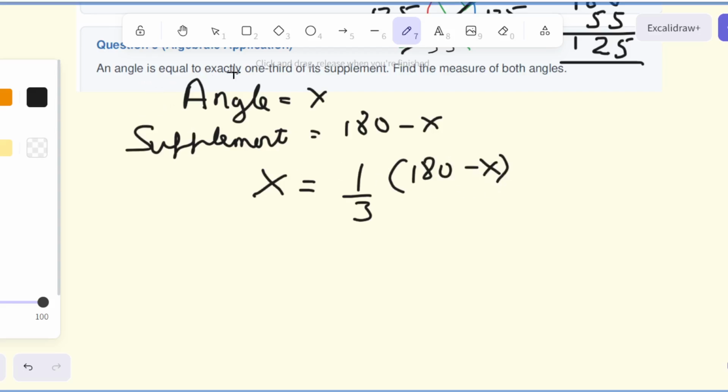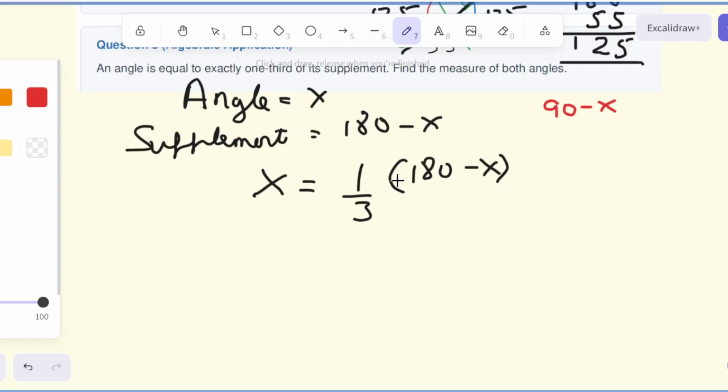An angle which is x is equal to one third of its supplement, isn't it? So whatever we find for this is 180 minus x, because the supplement is always 180 minus x. If this would have been the complement, then you would have done 90 minus x.